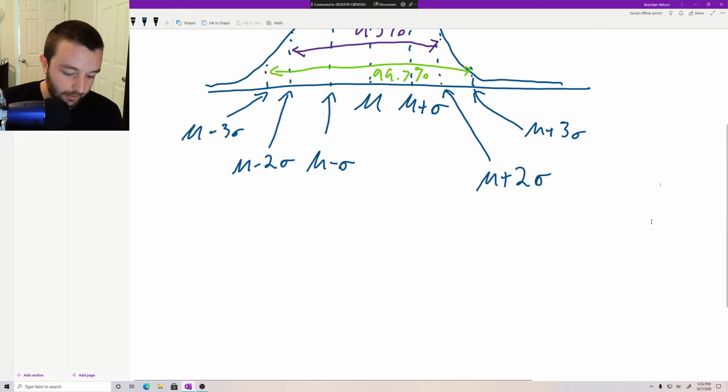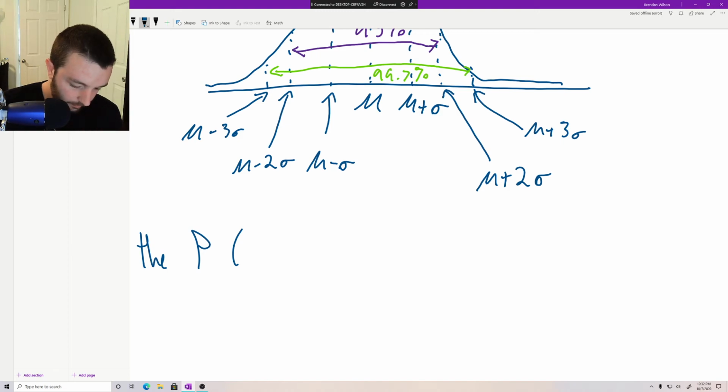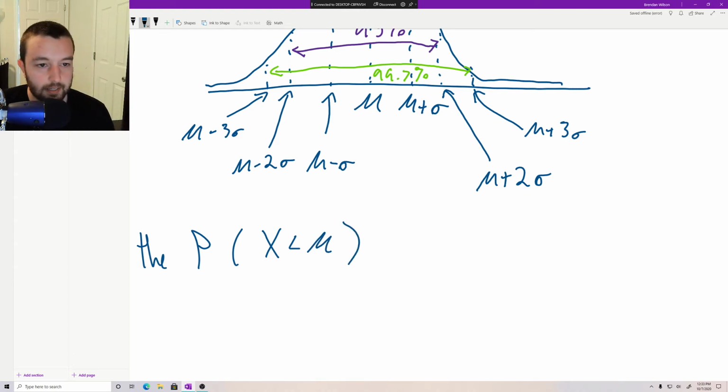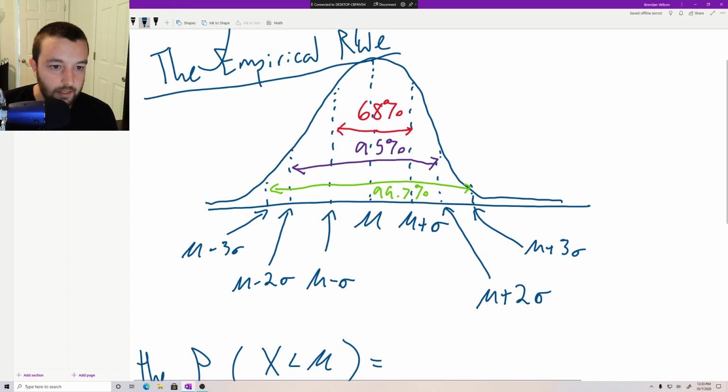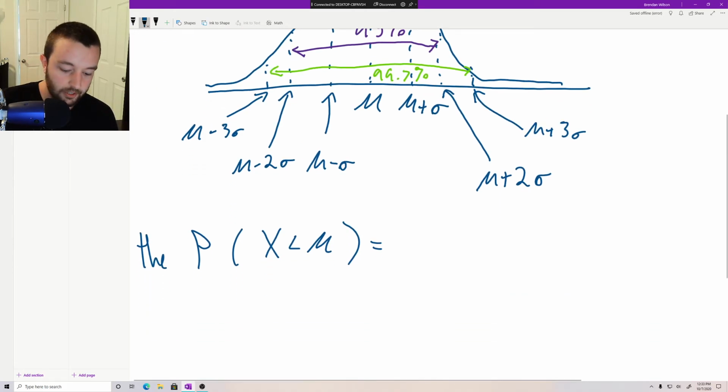If we wanted to find the probability that our number x is below the mean, so x is less than mu, and I'll do some with actual numbers in a second, well, we can see this is perfectly symmetrical. So 50% of it is going to be on the left side of the average, and 50% on the right side. So we can just calculate this as 0.5.